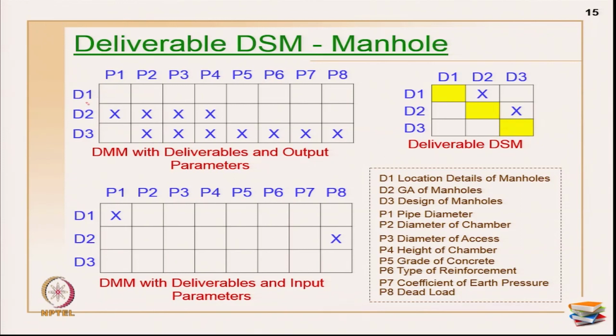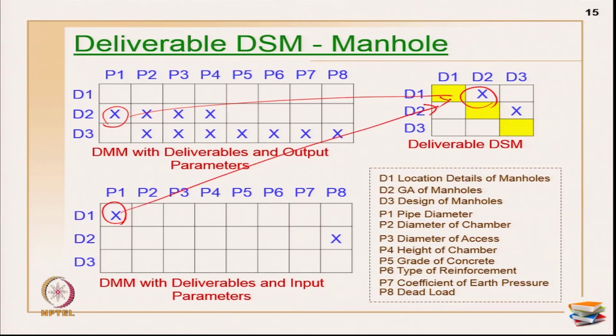So, I have a list of deliverables and a list of parameters here. These are all my X marks identified for the parameters, same way as for the input parameters. Now, D2 is releasing P1, which is required for D1, which is identified here.